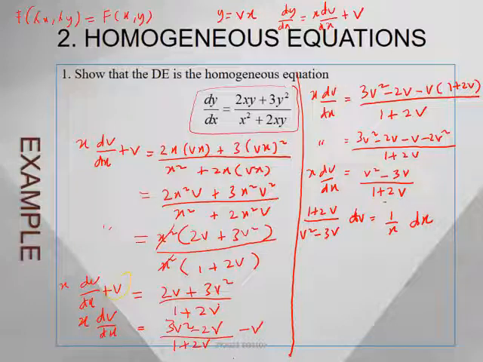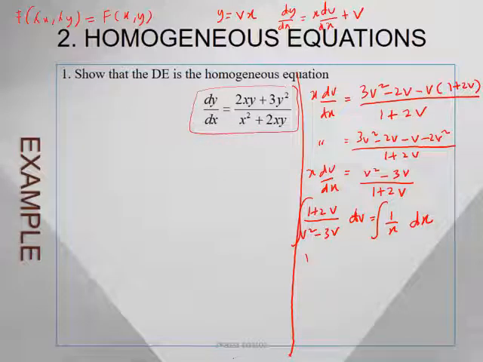Next we can integrate them. Okay, how to integrate this? How do we integrate this? So you have to use your knowledge from mathematics 1 on how to integrate a function. So now we just integrate the left hand side and right hand side separately.